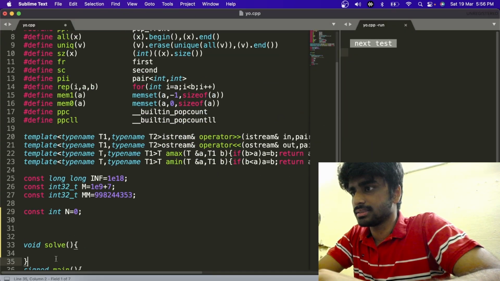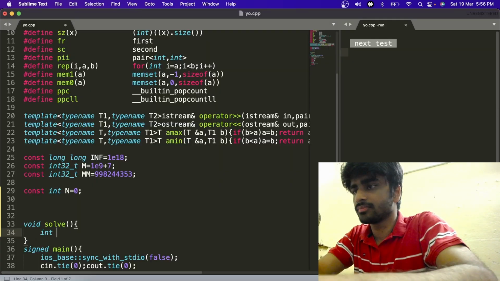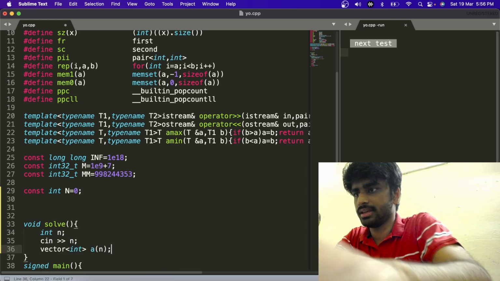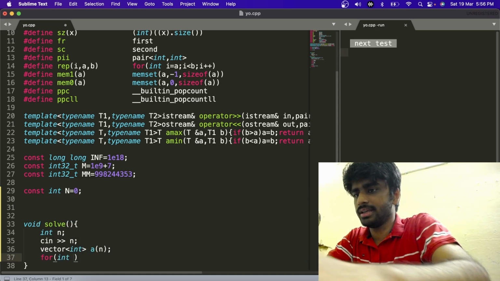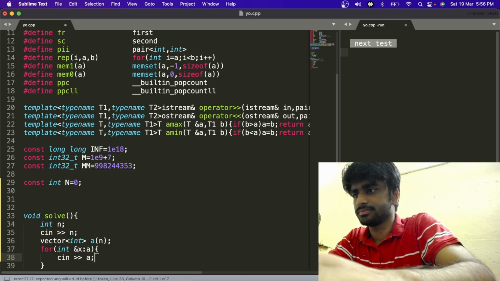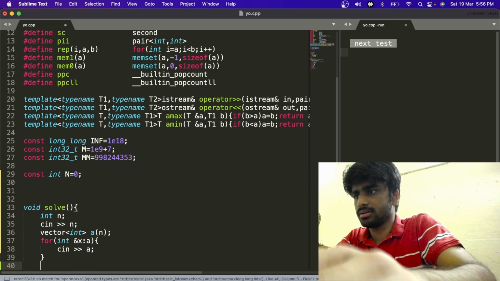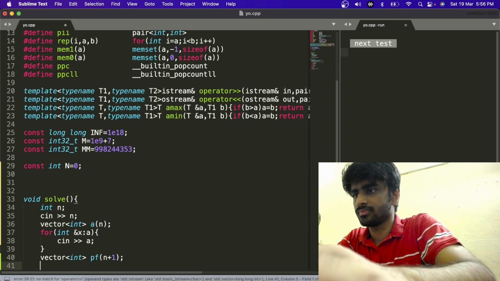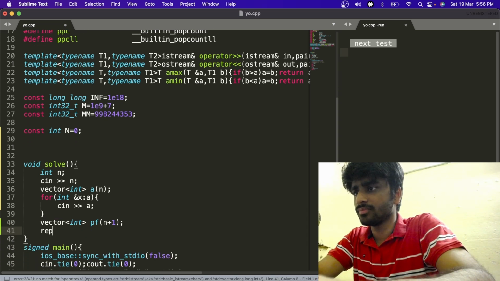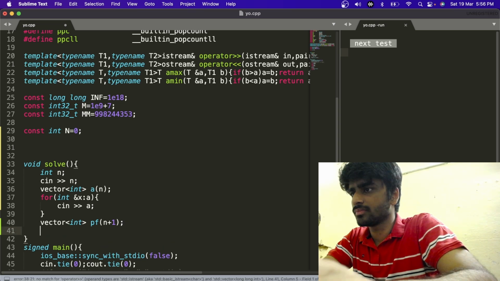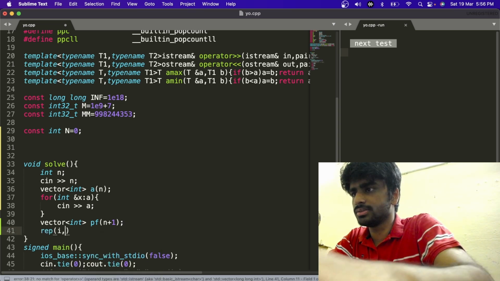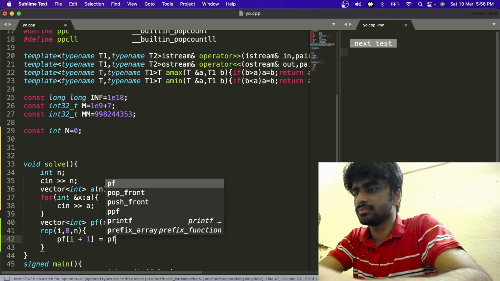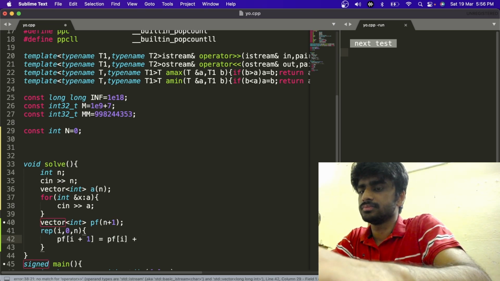So I guess that's that. Okay, so we will take n as input, and we will take an array of length n as input. Then we will form a prefix sum.